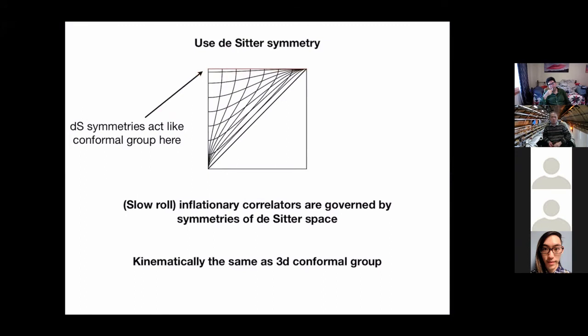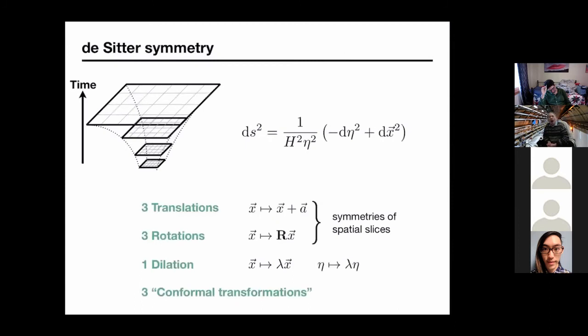And you can interpret that as the action of the de Sitter symmetries on the late time space-like boundary of de Sitter space. Okay. And so it turns out that slow roll inflationary correlators are actually governed by the symmetries of de Sitter space, even though the interactions of the inflaton actually break these symmetries. Okay. And of course, kinematically, the de Sitter group is the same as the 3D Euclidean conformal group.